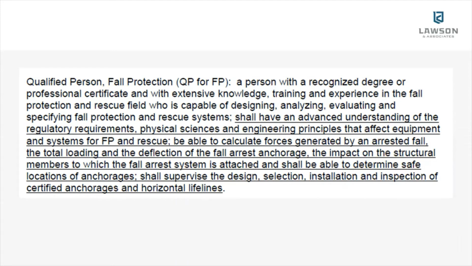They must be able to determine safe locations of anchorages and supervise the design, selection, installation, and inspection of certified anchorages and horizontal lifelines. That's substantial. That is not the same as what a competent person says. That is a significantly higher level of education and experience, okay?